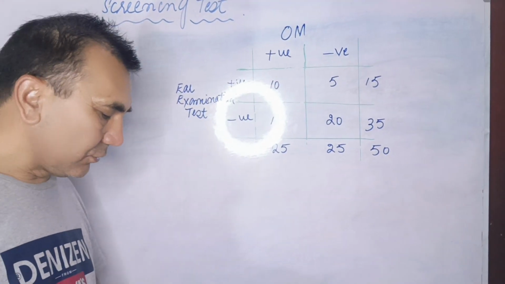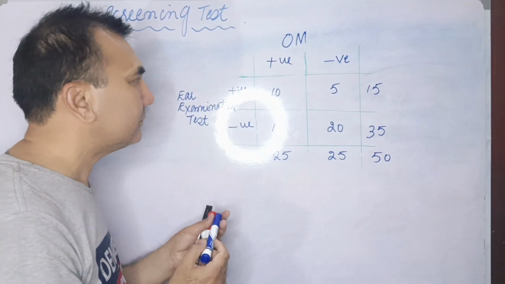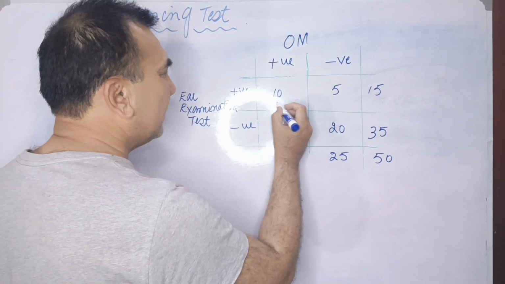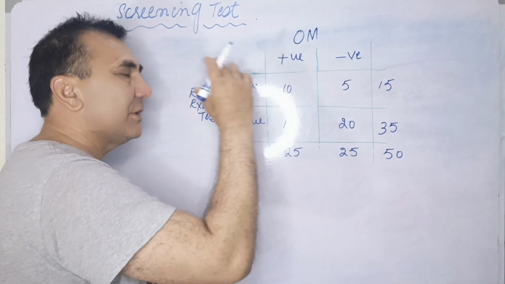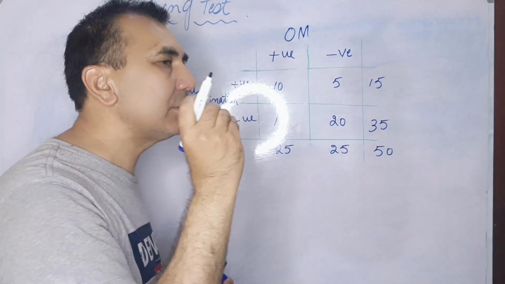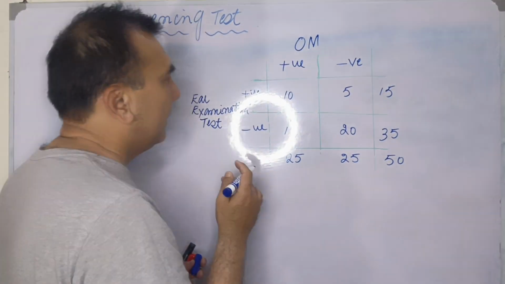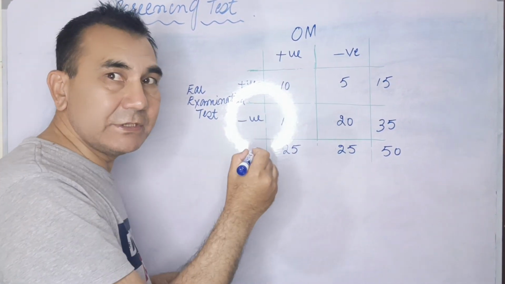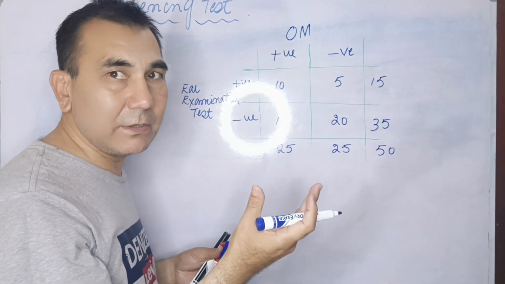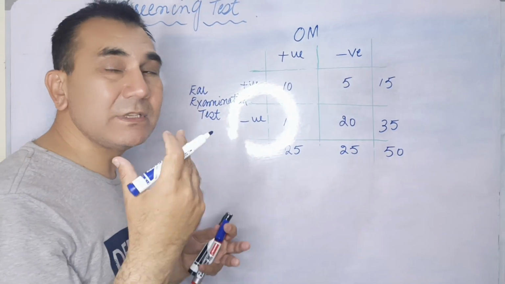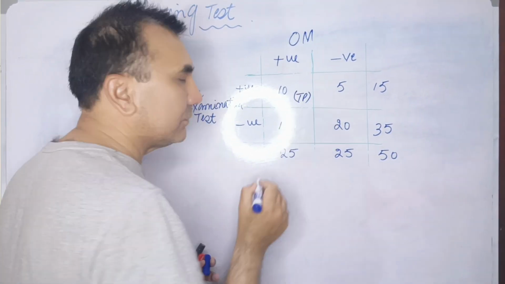Now let's go through what these four cells say. When the pediatrician did the examination and found redness and discharge from the ears through the otoscopy, and the signs and symptoms of otitis media are also present, the neck pain, earache, discharge and fever, and the lymph node is enlarged, this cell is called the true positive.